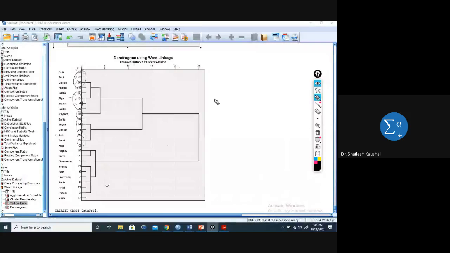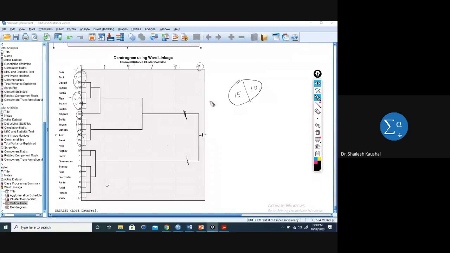And divisive means, here these are all the 25 buyers. We can divide them into 2, here 1 and 2. I already told you, in one there are 15 respondents and in the other 10.